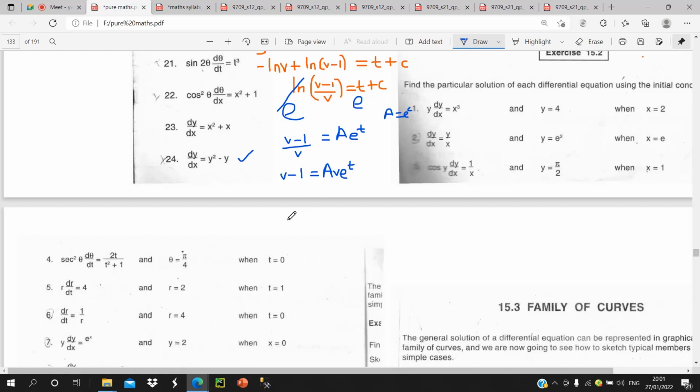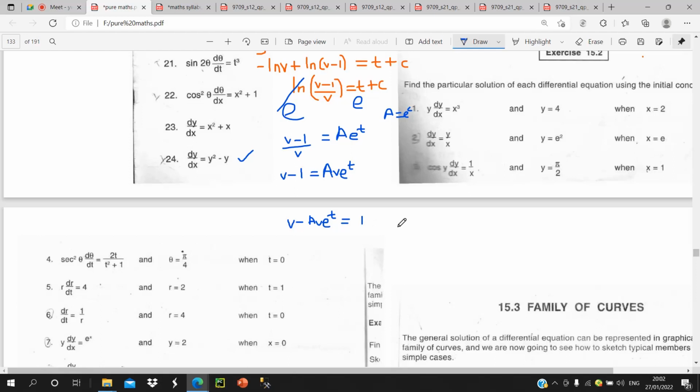Then after that, let's take all terms in terms of v. I can say a, I bring this a to this side, is equal to 1. Are we together on this side? Yes.